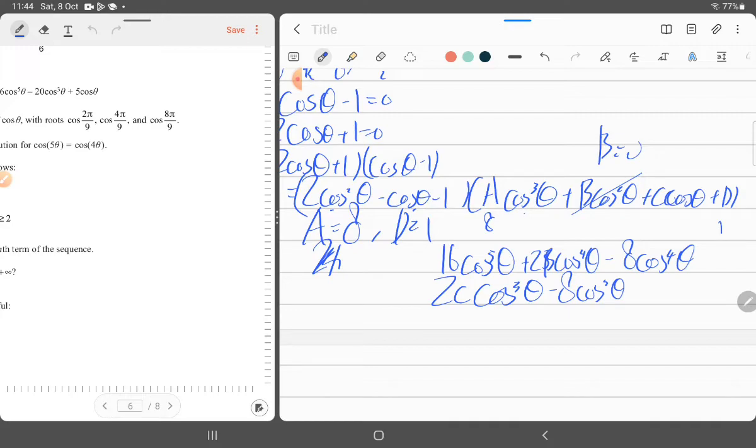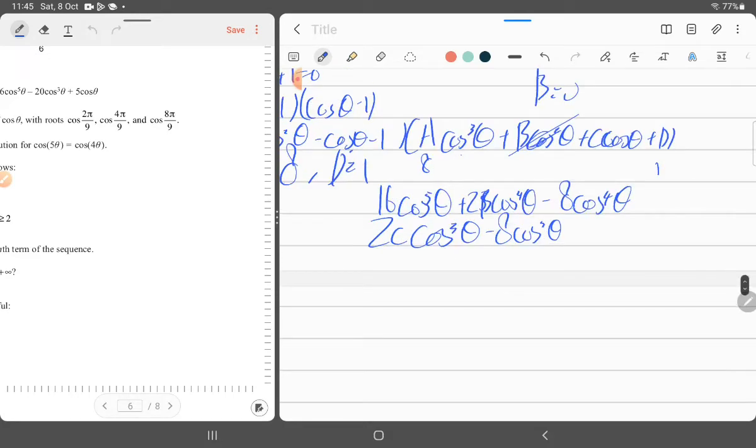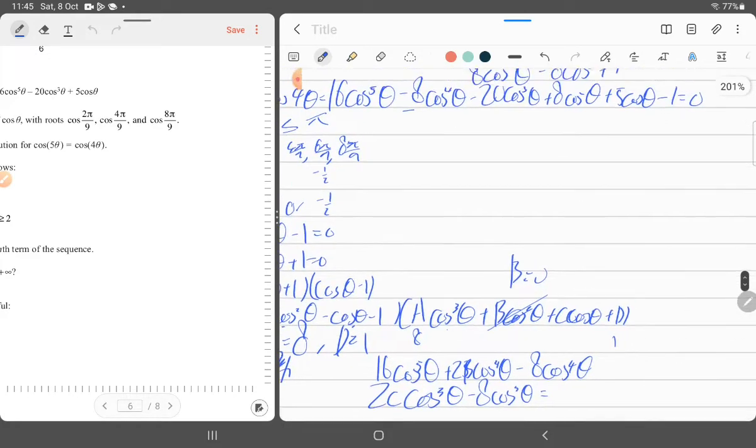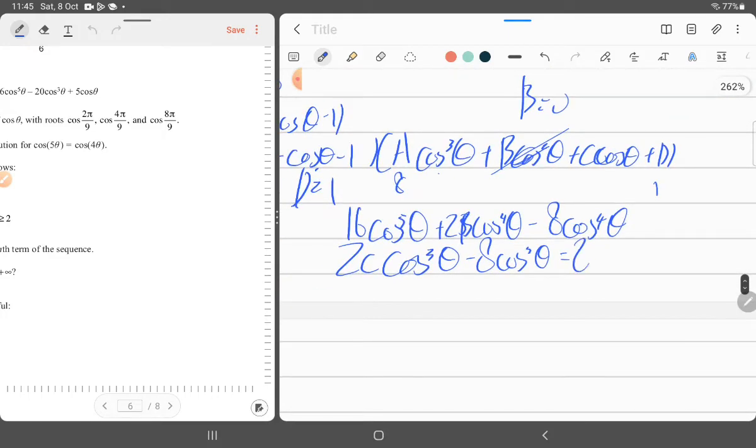Wait, 2c cosine cubed theta. Yeah, then minus cosine theta. This is b equals 0, so we can't get. I think this is just it. Is equal to 20 cosine cubed theta, so 2c minus 8 equals 20. C is equal to 14, I believe. Right, 2c minus 8 cosine cubed.